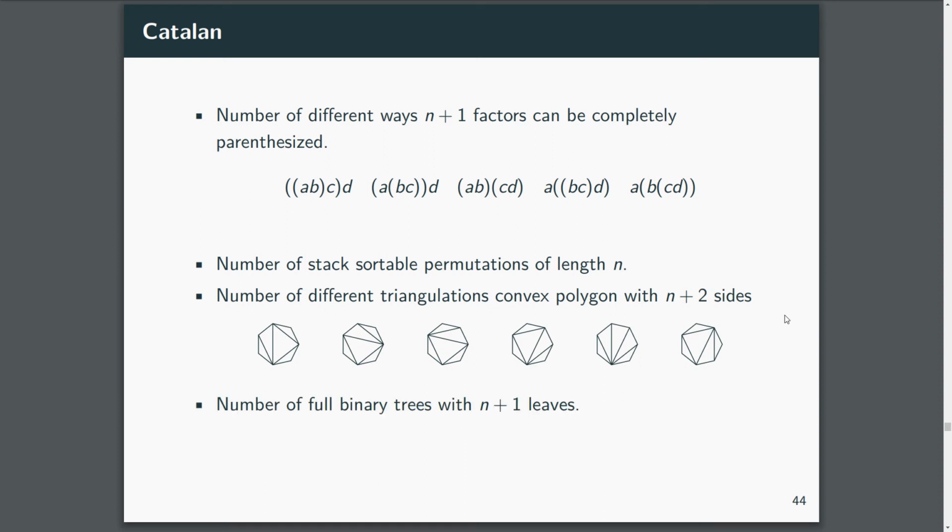Number of full binary trees with n plus 1 leaves. So these will have n internal nodes, I think. So 2n plus 1 nodes in total. But it's the number of leaves which counts.